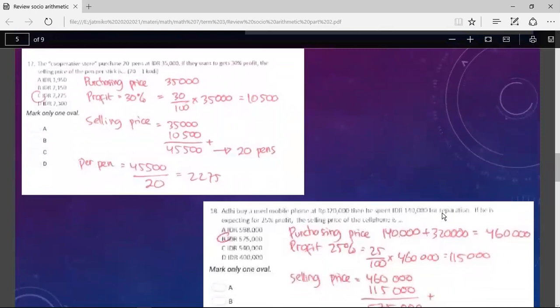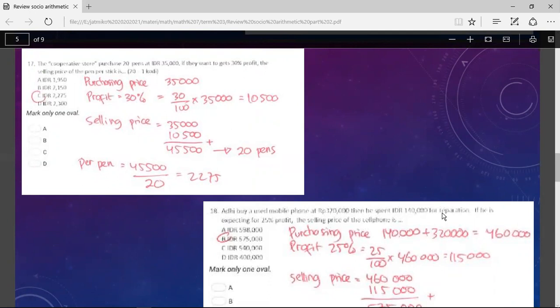Okay, so here we have a cooperative store. They purchase 20 pieces for 35,000. So that is the purchasing price. And then they want to get 30% profit. So 30 per 100 times 35,000 is equal to 10,500.